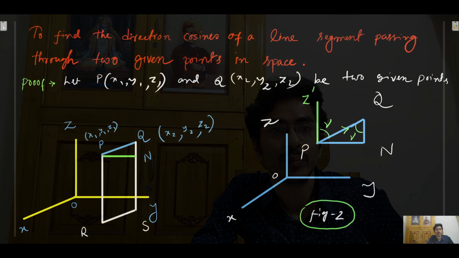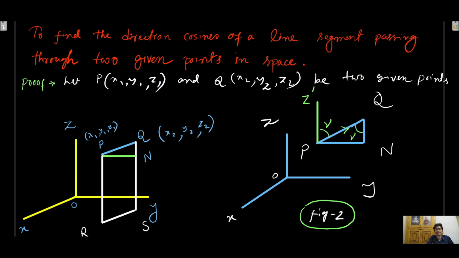But what is QN? Listen to this carefully. Now the position vector of Q is x2, y2, z2. So the height of this point from the xy plane is z2, and this point P, whose position vector is x1, y1, z1, has height from the xy plane z1.